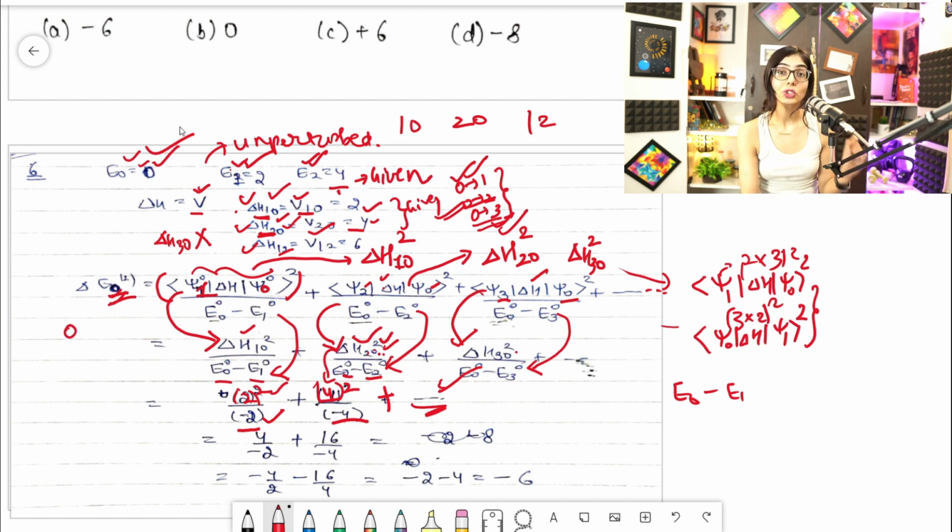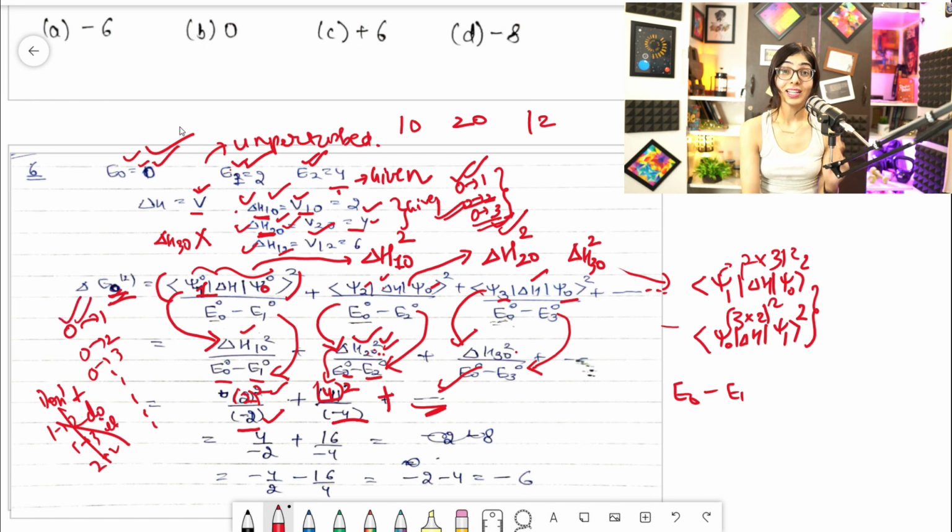So all pairs should be with respect to 0. 0 with 1, 0 with 2, 0 with 3, and so on. You can't make 1 with 2, 1 with 3, 2 with 2, like that. You can't make this. Please, don't do it. The only pairs which are permitted over here are those corresponding to the ground state.